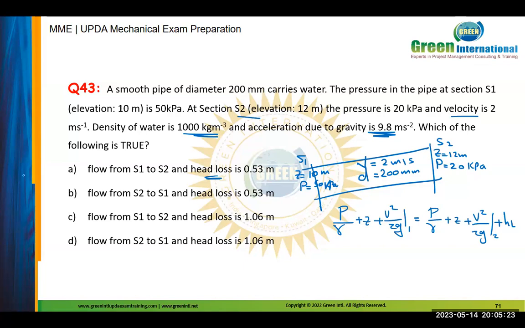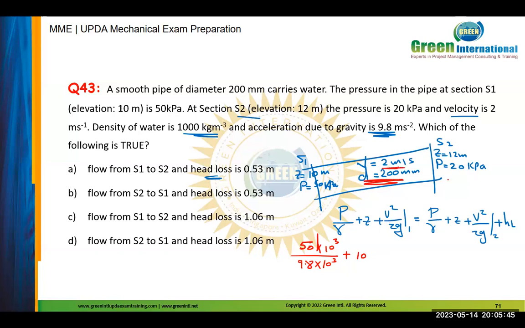Okay, let's substitute. Pressure here is 50 times 10 to the power 3. Gamma is rho g, which is 10 to the power 3 times 9.8. Z is 10. Velocity: we have a velocity value given, but don't lose time.